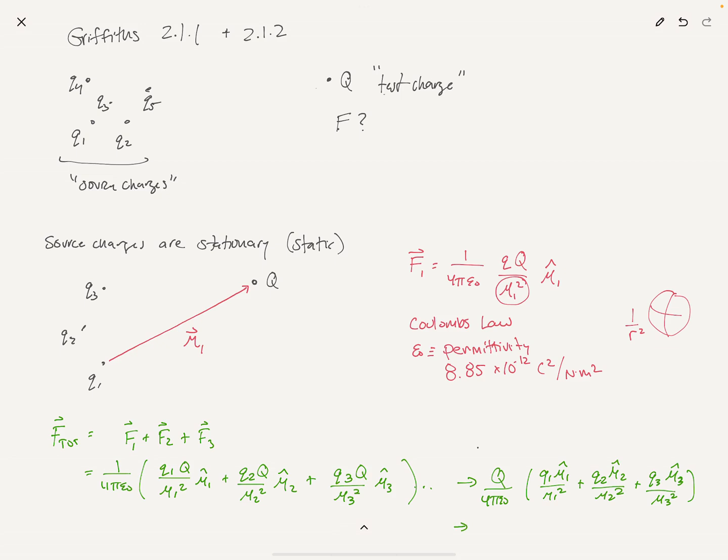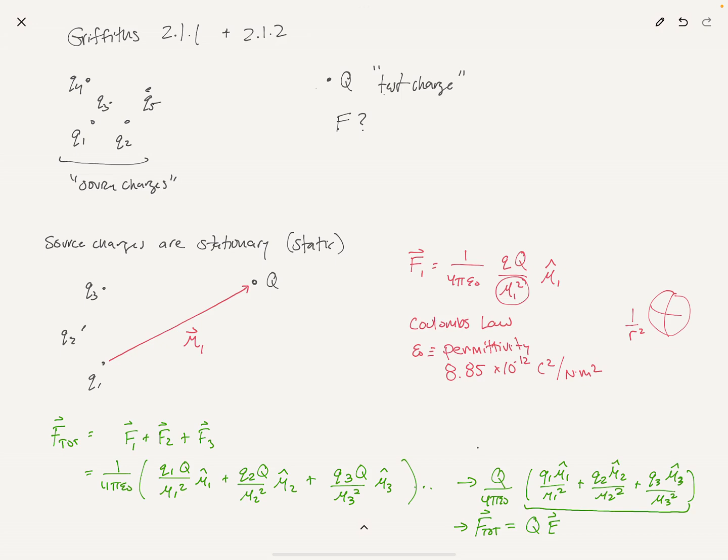Which means that my total force can be rewritten as Q, my test charge, and all of this is just the total electric field. That's the electric field that's being generated by all of my single source charges.